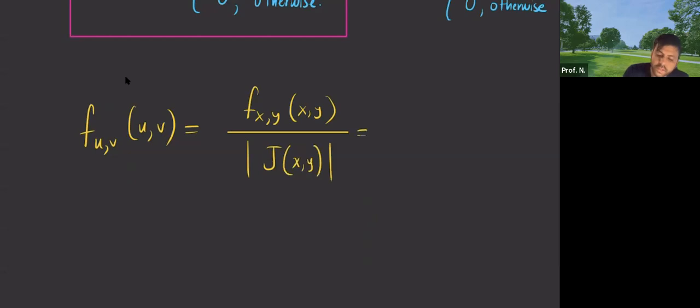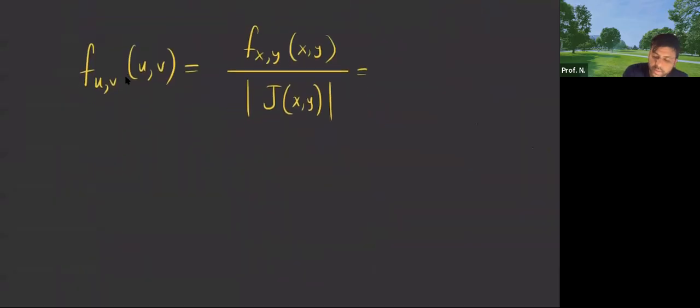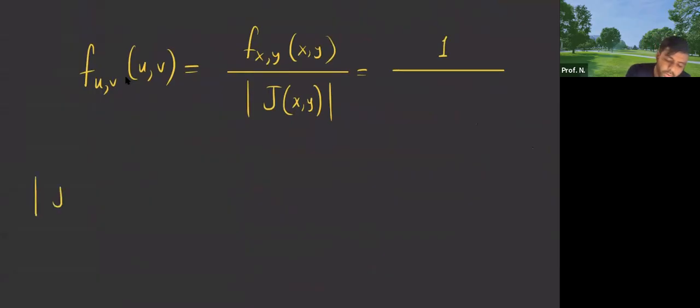So obviously here we're going to have a 1, because we just found that to be 1 within that interval. Now the question is, what's the bottom? What's the Jacobian?